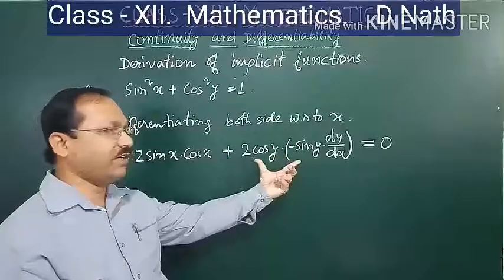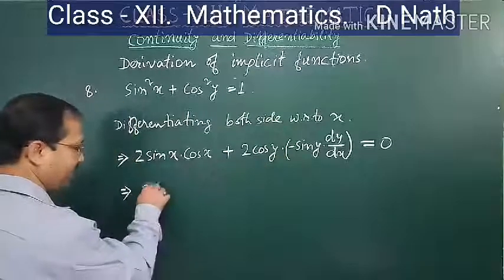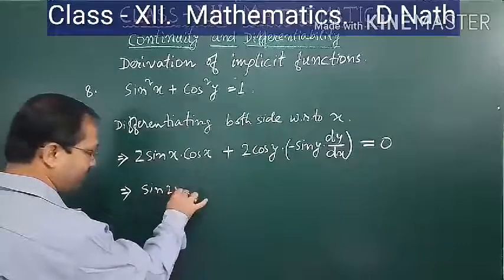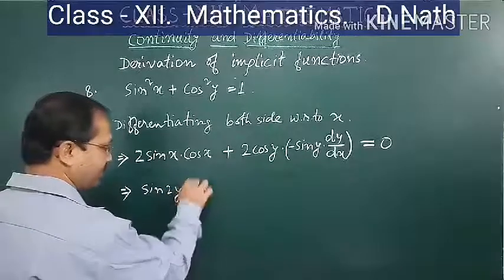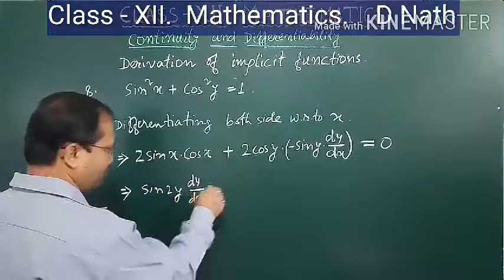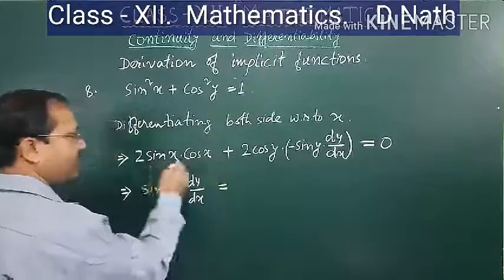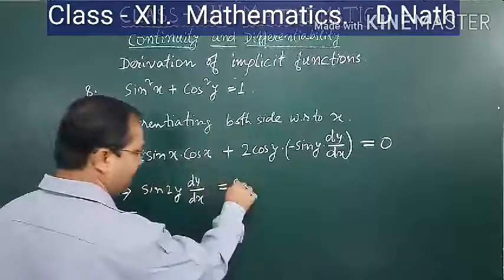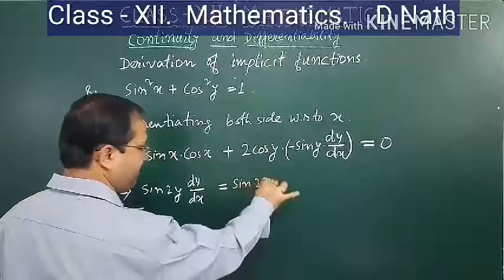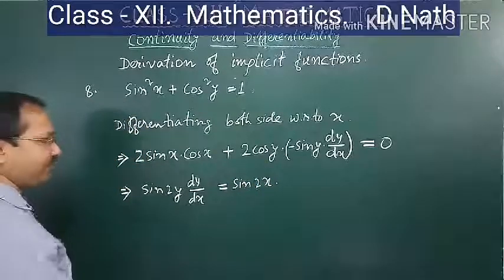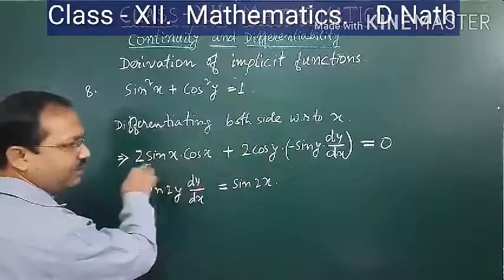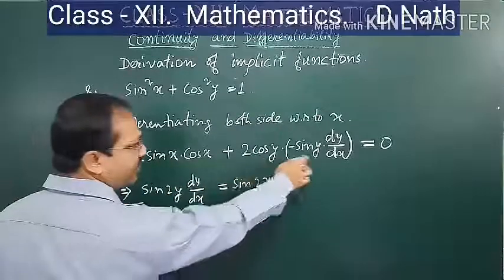Sin twice y can be written, so sin 2y dy/dx is equal to 2 sin x cos x, so it is sin 2x. 2 sin x cos x is sin 2x, and 2 cos y sin y is sin 2y.